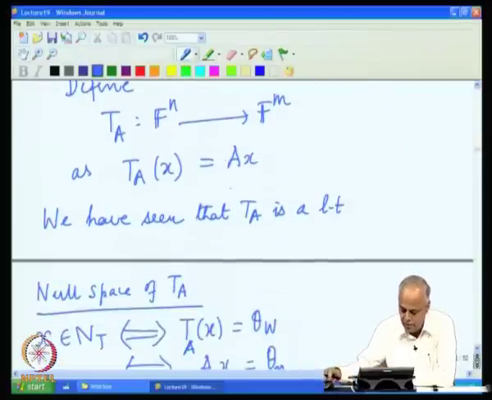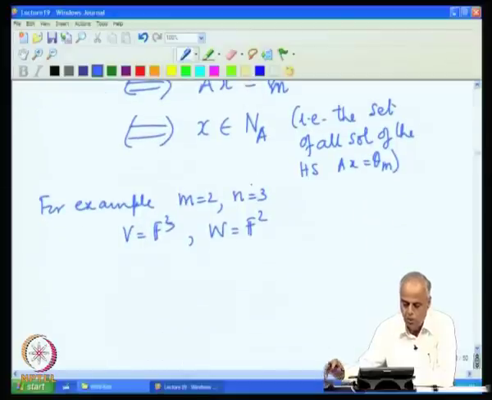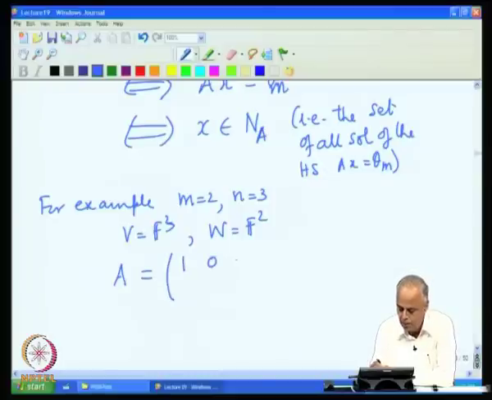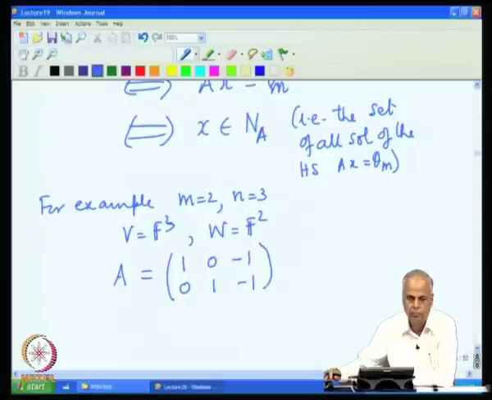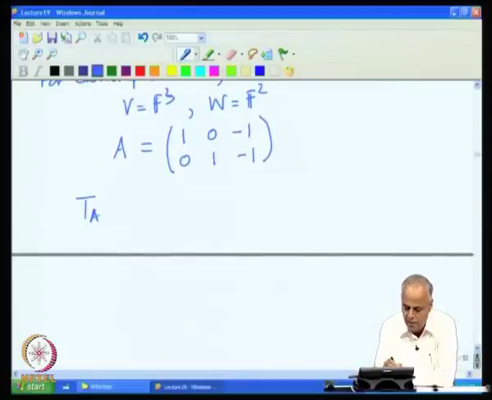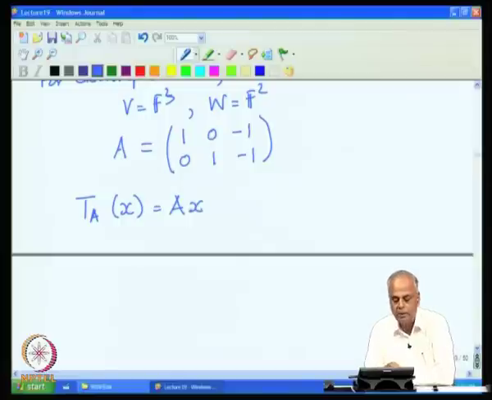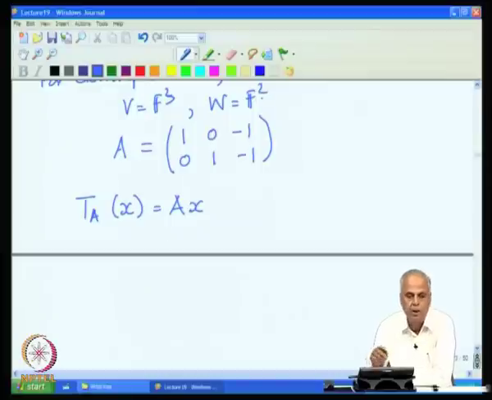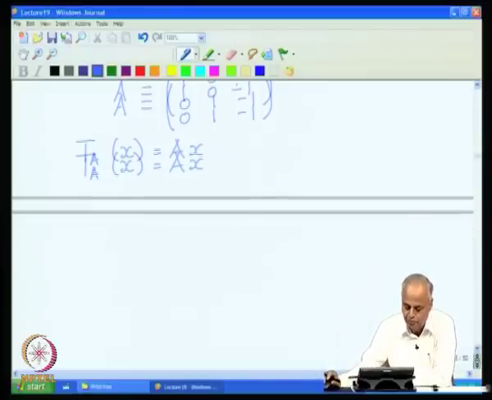In this case m is 2 and n is 3, so we have to take a matrix which is 2 by 3. So, let us say [1 0 -1; 0 1 -1]. Then the transformation T_A of x, where x is in F^3, will be A times x. Since x is in F^3 and A is 2 by 3, the result will be 2 by 1 and therefore it will be in F^2.